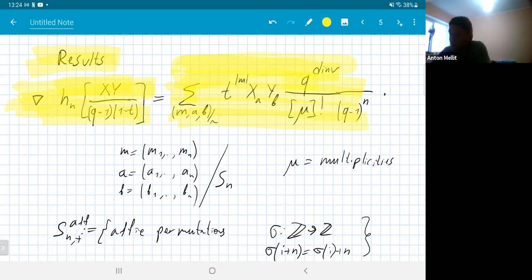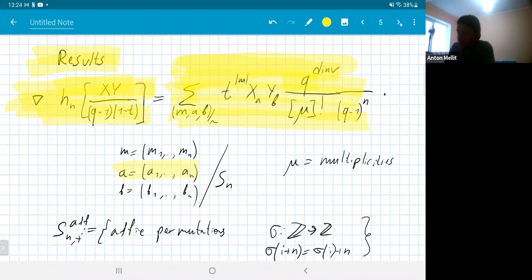So the sum is over triples of vectors m, a, and b. m is just as before, non-negative integers, but the a's and b's are greater or equal to 1.